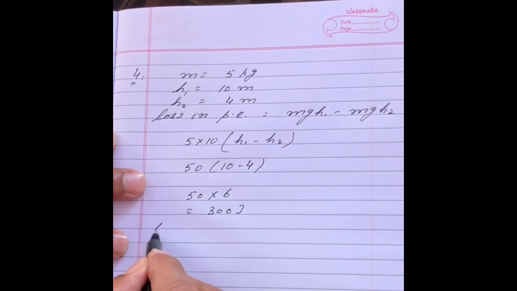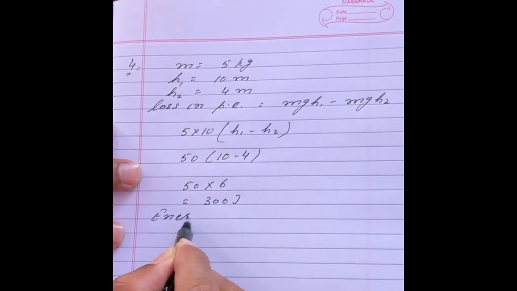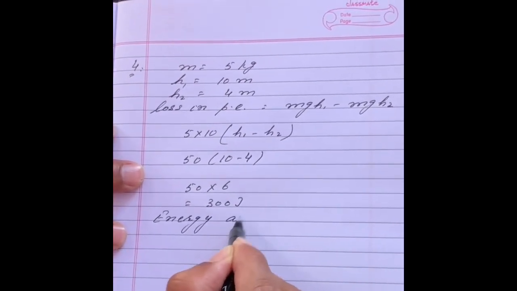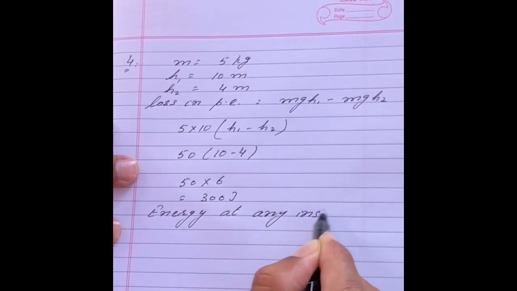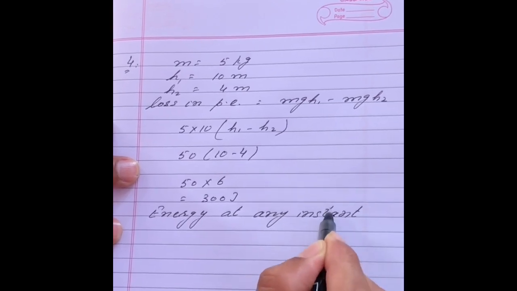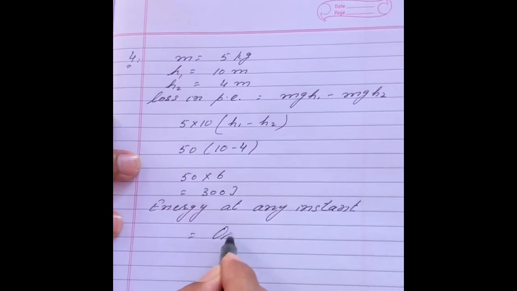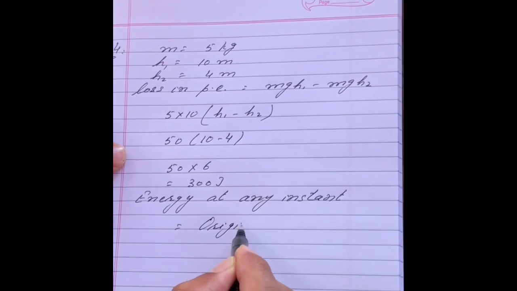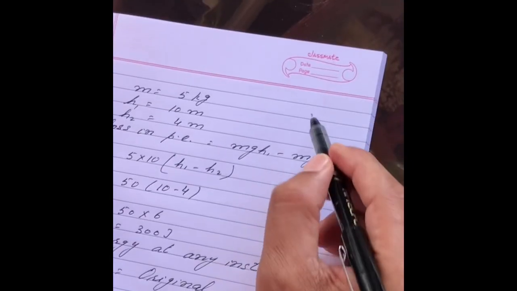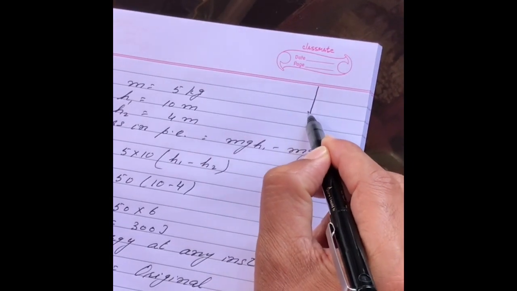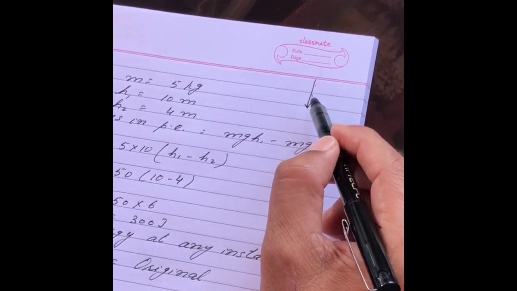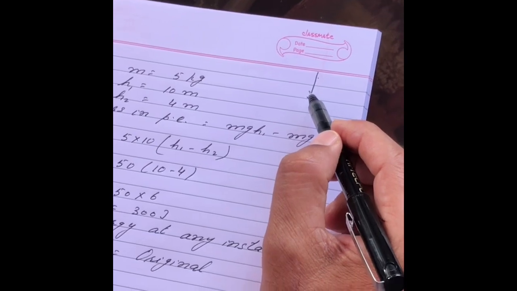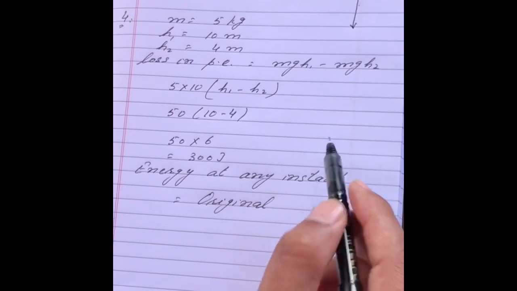Energy at any instant is equal to original energy, because when the body falls, its potential energy decreases, but as it is in motion, its kinetic energy increases. So the total sum of energies remains the same according to the law of conservation of energy.